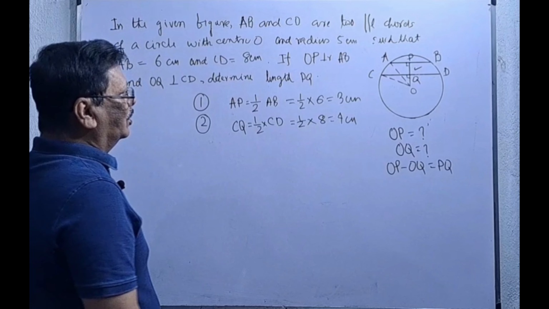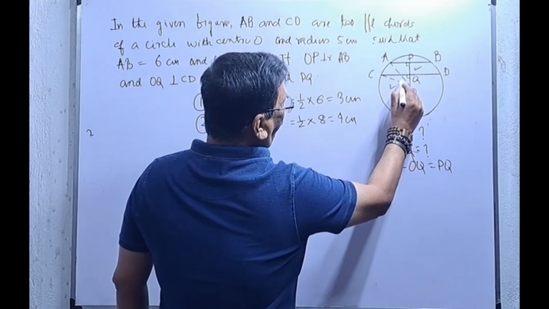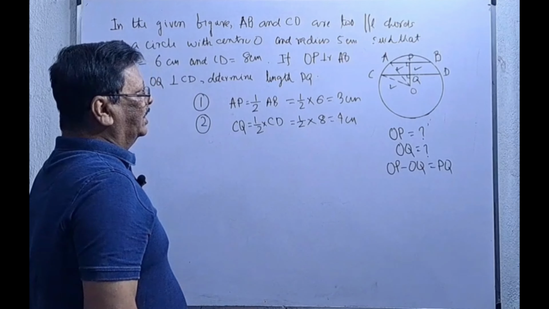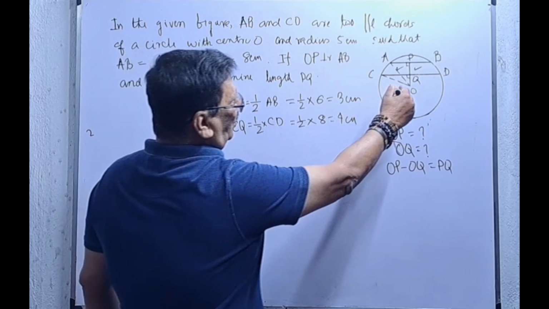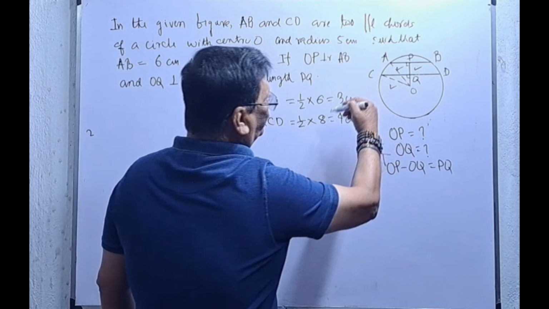Now we'll join OC and OA. Now you have two right angle triangles, OPA and OQC.